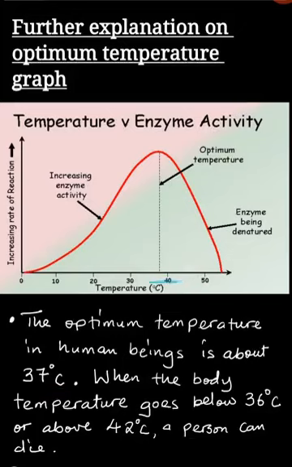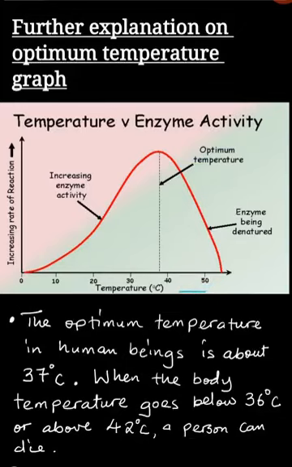When the body temperature starts to go high, you start to reach 38, 39, 40, 41, 42. What will happen is that the enzymes in your body will start to denature. In other words, they will start losing their shape. So when the enzymes in your body lose their shape, they cannot do the work that they're supposed to do.